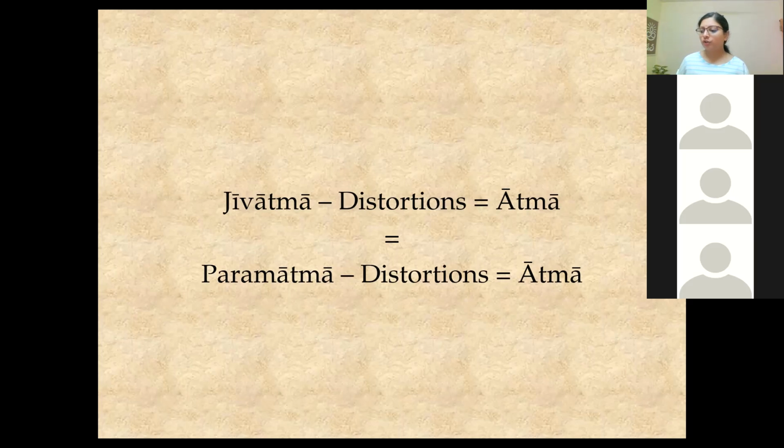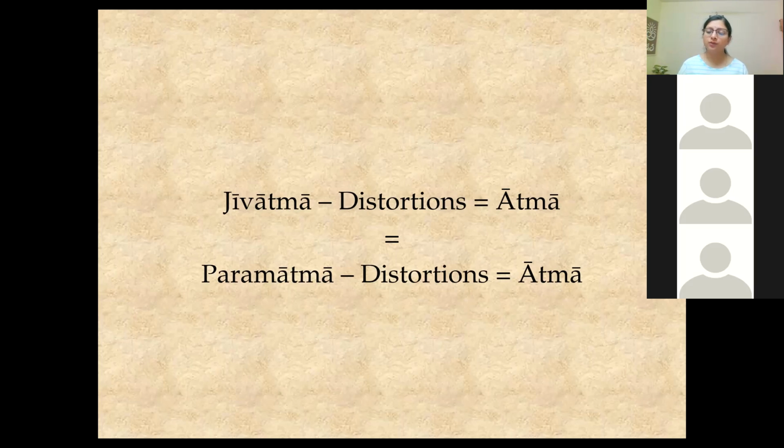So what should this Jivatma do? Or where is all of his misery coming from? The misery is the idea that I am different, or I am seeing only the differences between myself and everything else. So as long as our vision is focused on the distortions, the differences, there will only be sorrow and misery.